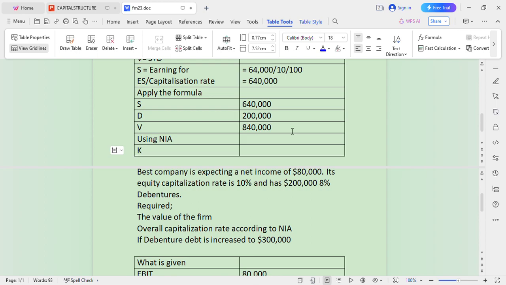The formula is K, cost of capital, equals EBIT, which is the earning before interest and tax, divided by V, times 100. EBIT divided by V times 100.